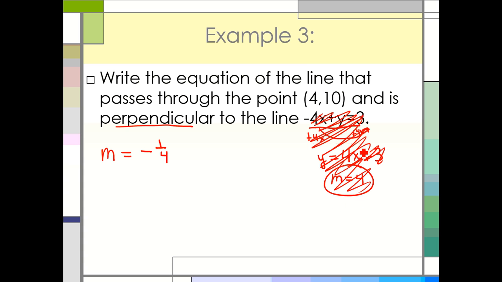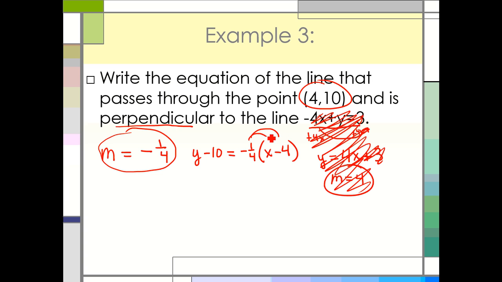We don't need it because we have our point, we have our slope, and now it's just a matter of plugging them in. y - 10 = m(x - 4). Clean it up, distribute. So if I distribute, I have y - 10 equal to -1/4 times x.